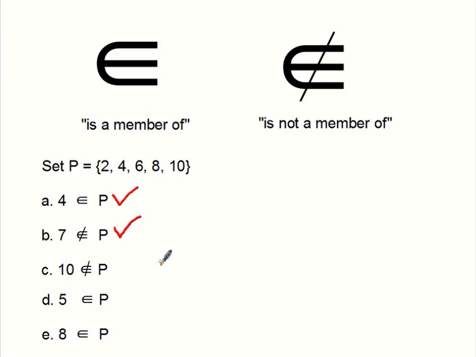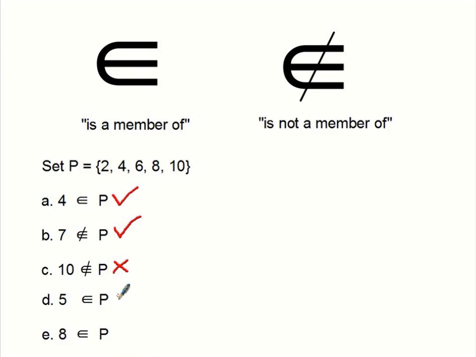It is true. 10 is not an element in set P. It's not a member of set P. When we look at the members of set P, the elements, we see that 10 is in it. So this statement is actually false. It's not right. 5 is a member of set P. When we look at the members of set P, can we see 5 anywhere?